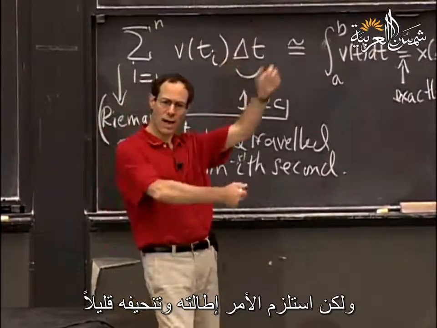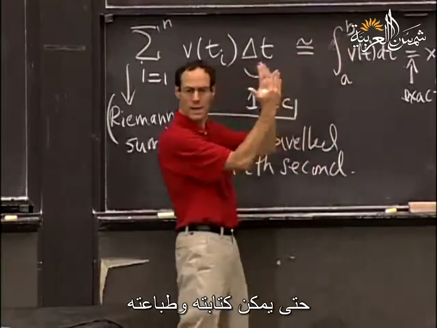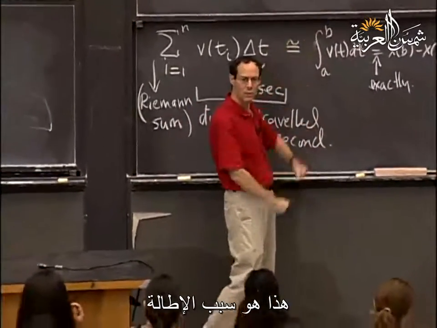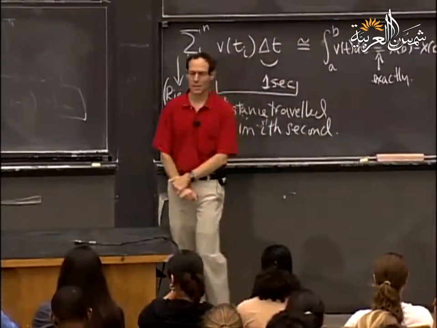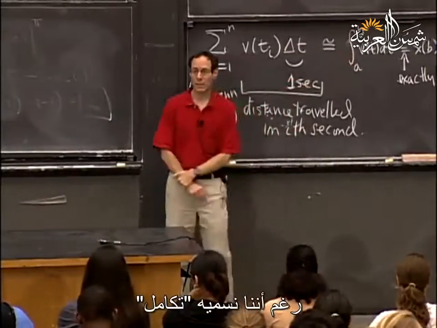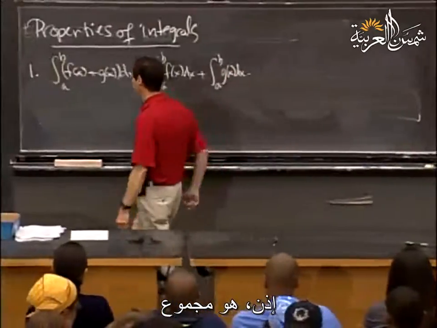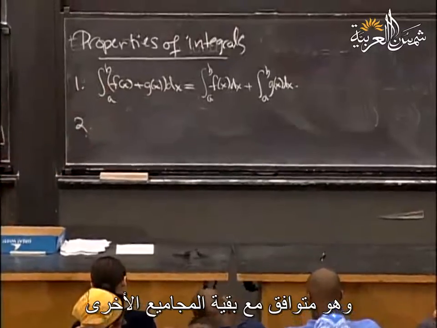And then they stretched it out and made it a little thinner because it didn't fit into one typesetting space. And so just for typesetting reasons, it got stretched and got a little bit skinny. Anyway, it's really an S. And in fact, in French, they call it sum, even though we call it integral. So it's a sum. All right, so it's consistent with sums in this way.